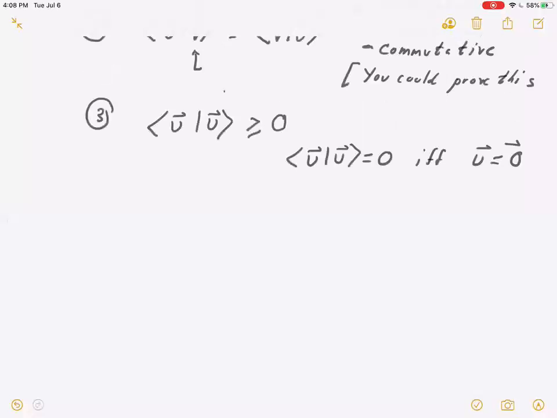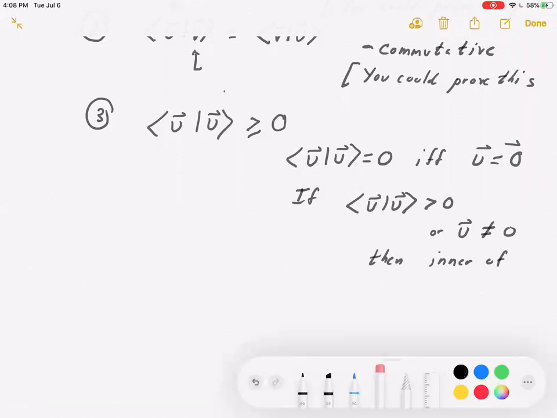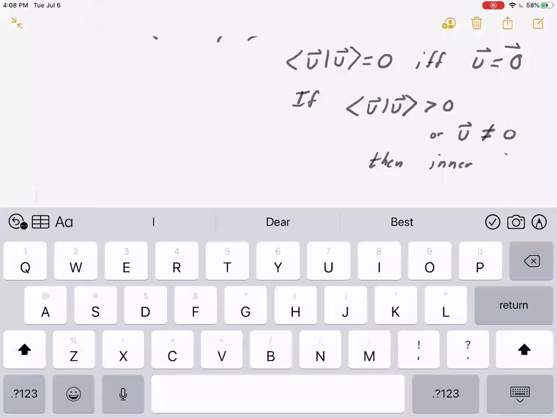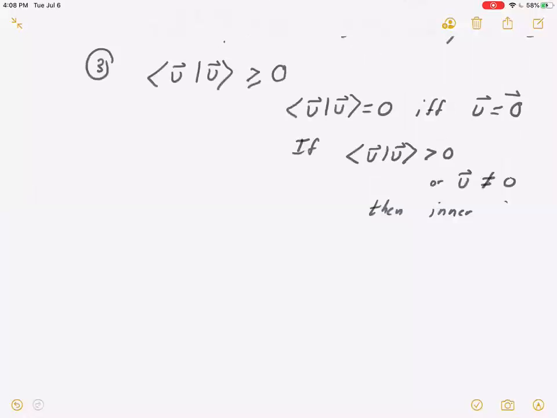If in fact you have a non-zero vector, then the inner product of this vector with itself is said to be positive definite.